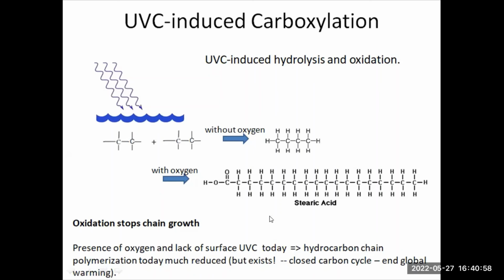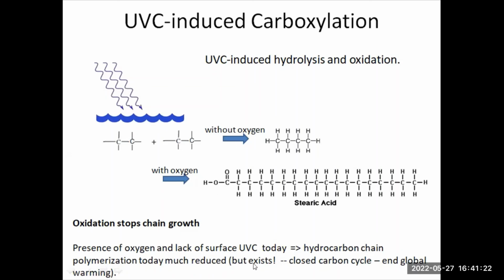So for example, today, the presence of oxygen and the lack of surface UVC light arriving at our surface means that the production of these hydrocarbon chains would be greatly reduced. Because as soon as we have an oxygen molecule, we stop the extension of the chain, the growing of the chain.